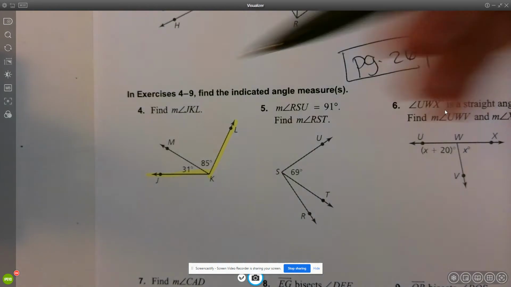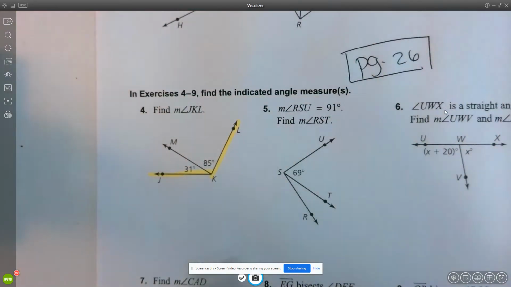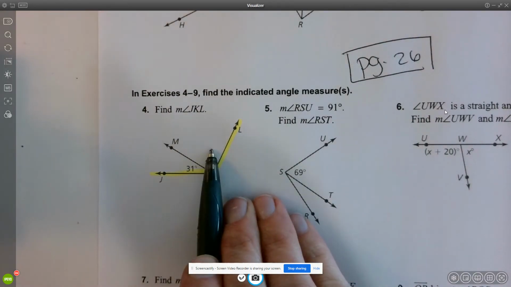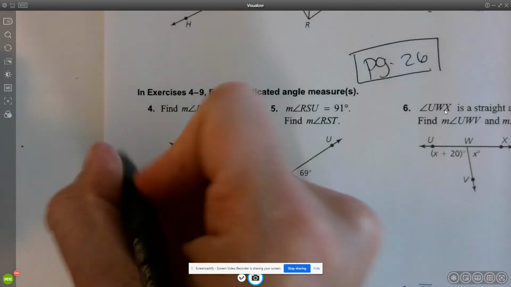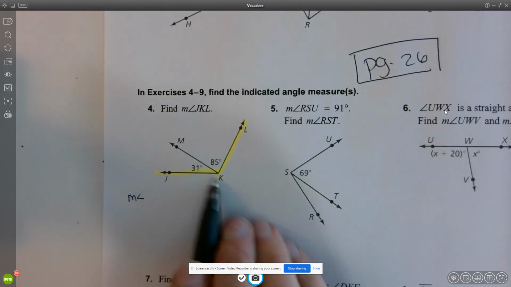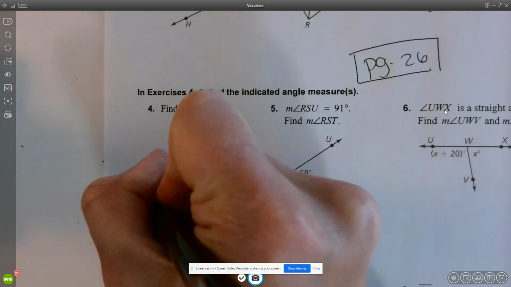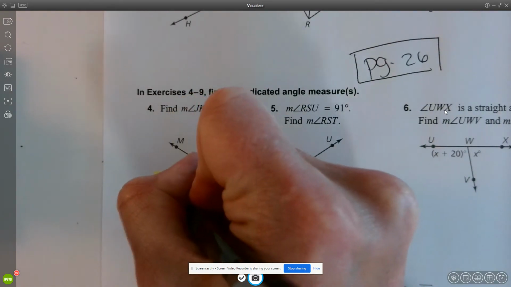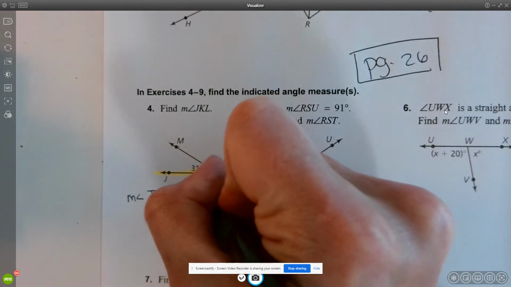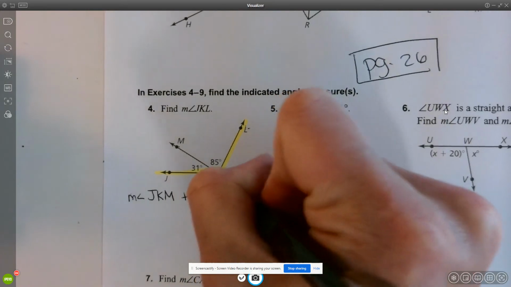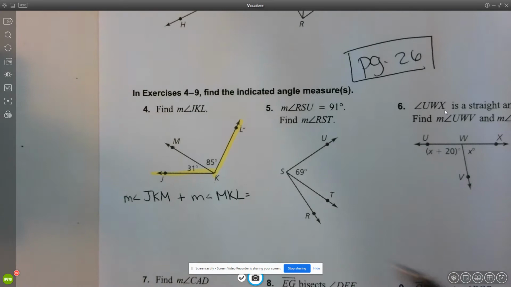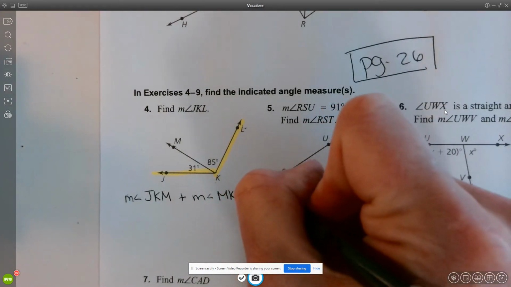I know that ray KM cuts through angle JKL, and so I know the part plus the part equals the whole. So I know that the measure of angle JKM must add with the measure of angle MKL to equal the measure of our yellow angle here, the measure of angle JKL.